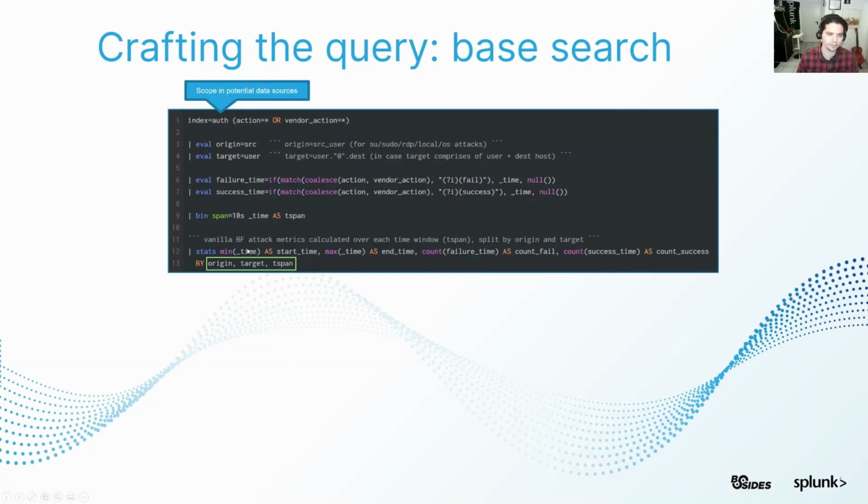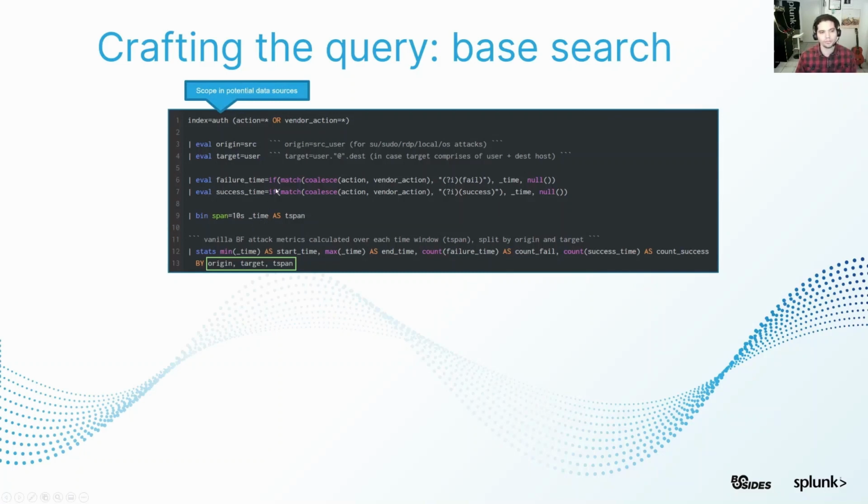As you can see here, this is the first stats that I mentioned before. I'm going to split the events by origin, target, and the time span. And you can see the time span is basically coming from the underscore time value, right?